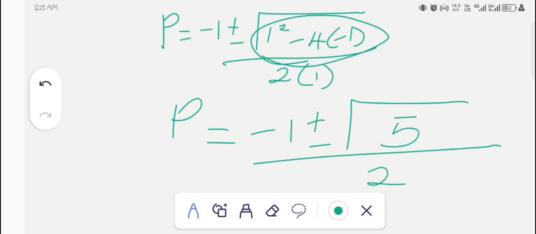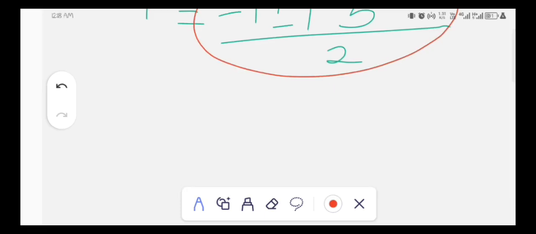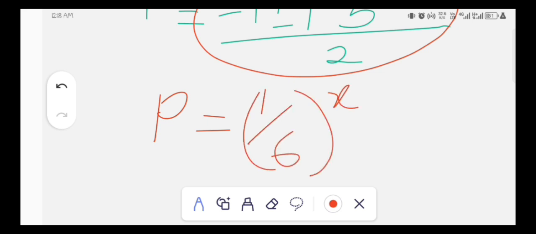So realize that we have two values for p here. Recall that p was substituted to represent 1 upon 6 all power x. Now we are looking for the value of x. Let us consider the first value for p.